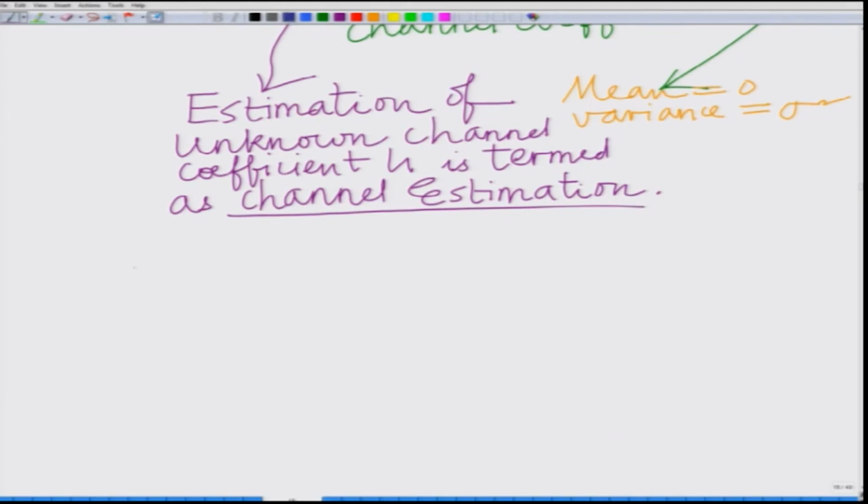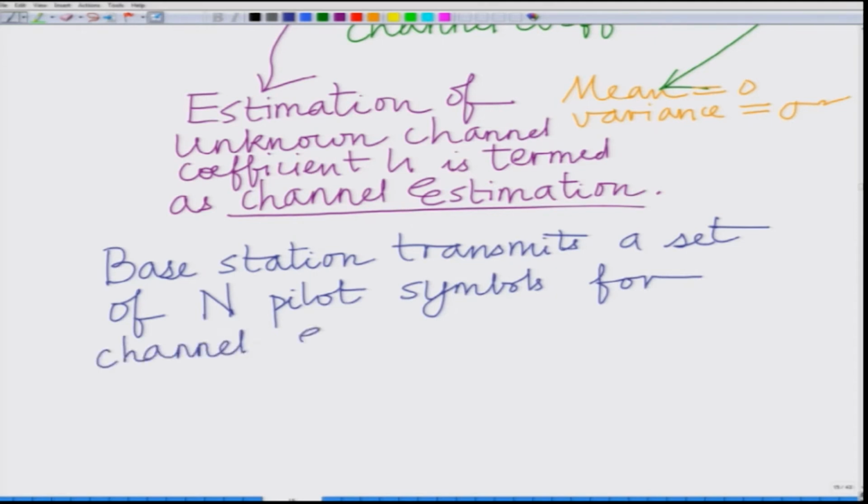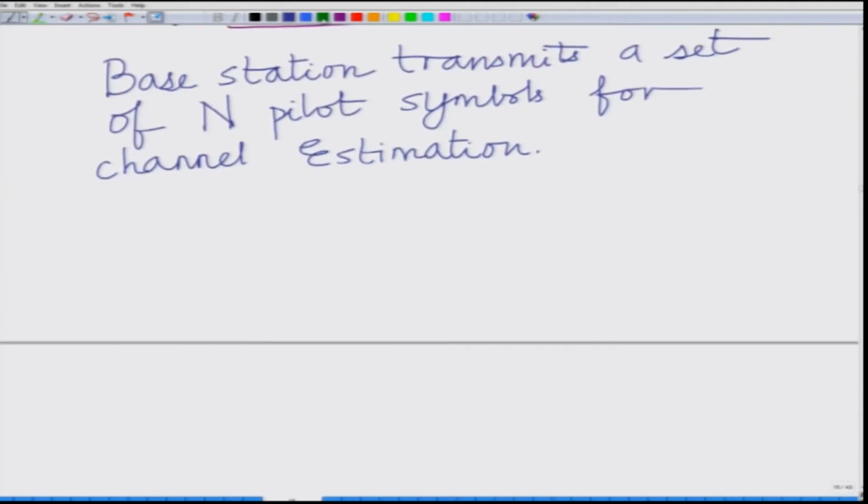So the base station transmits a set of n pilot symbols for channel estimation, and these pilot symbols we are denoting by x1, x2, so on up to xn.